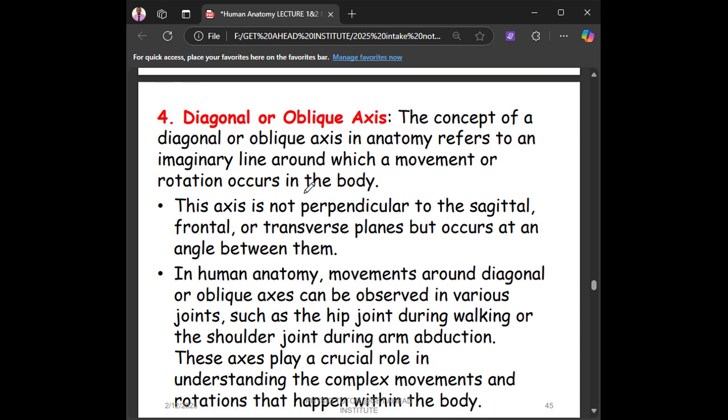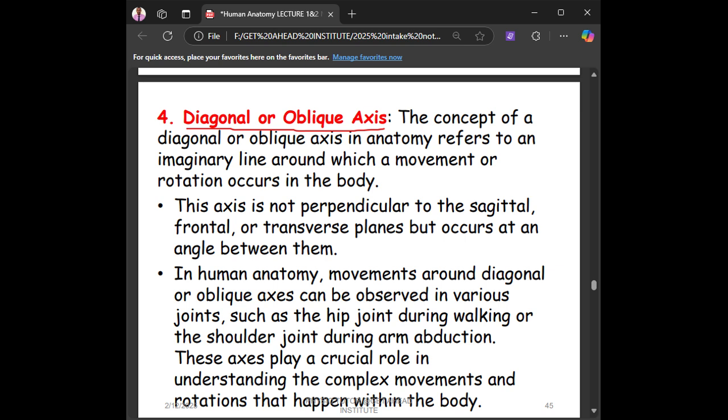Then lastly, we also have what we call the diagonal or oblique axis. The concept of the diagonal or oblique axis in anatomy refers to an imaginary line around which a movement or rotation occurs in the body.